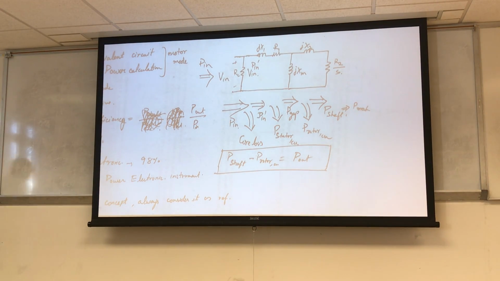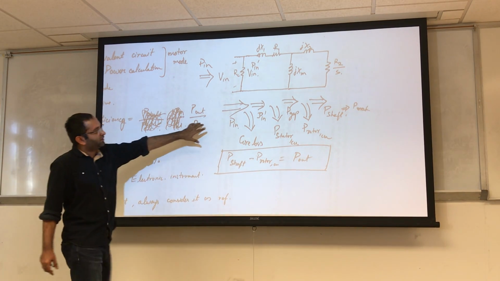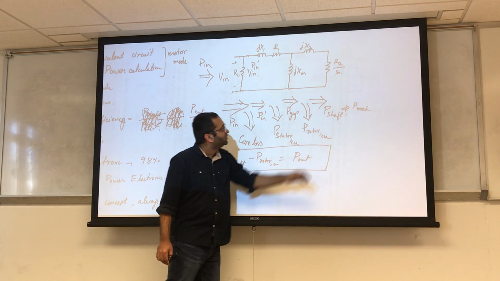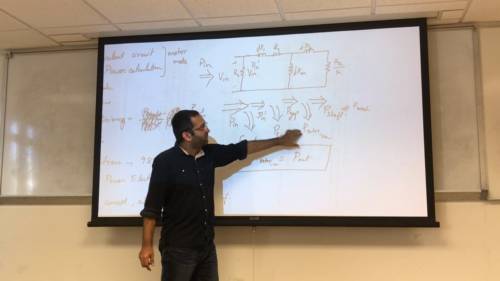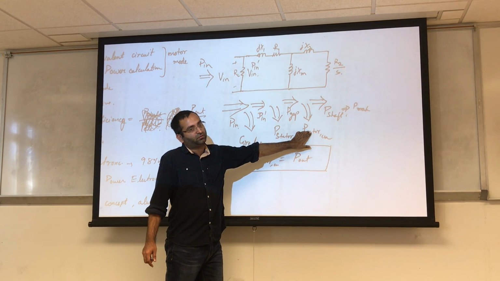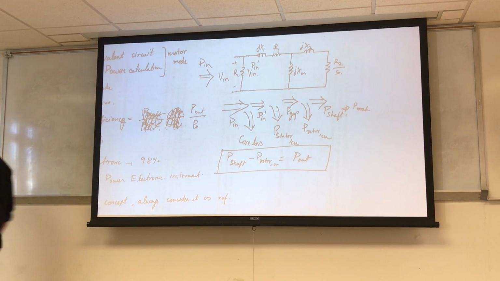You see this figure? This is actually for a different question, but you can understand the P mechanical on this side. So P mechanical is equal to P air gap minus P rotor. What is air gap power?